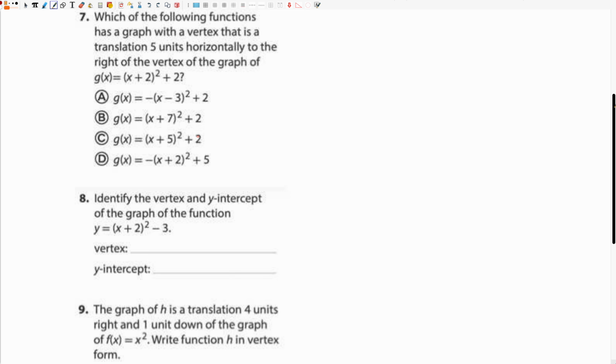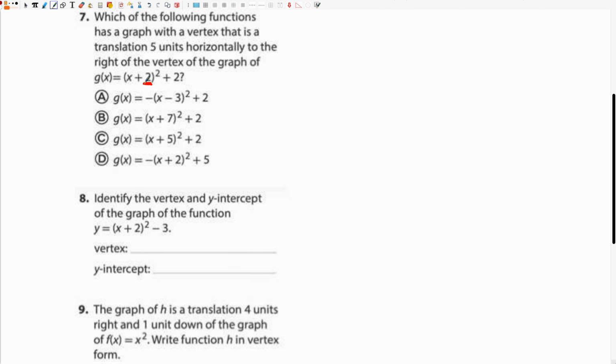Which of the following functions has a graph with a vertex that is a translation 5 units horizontal to the right of the vertex of the graph g of x equals (x + 2) squared plus 2? So we're starting here, and we're translating that 5 units to the right. Everybody agree?